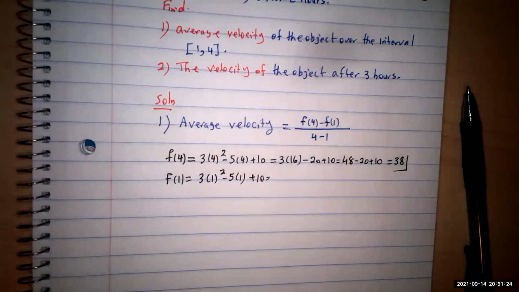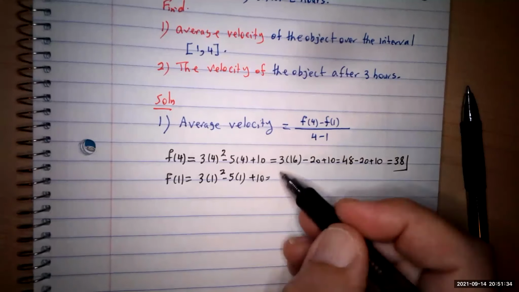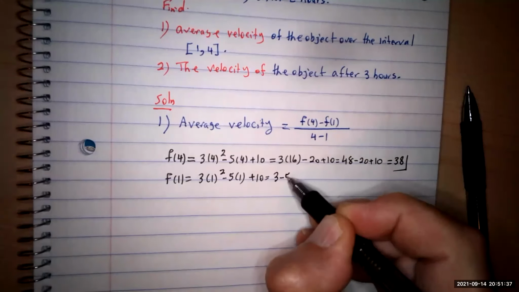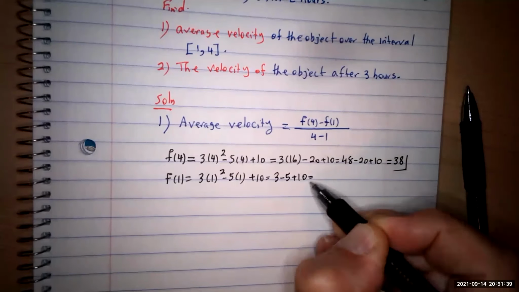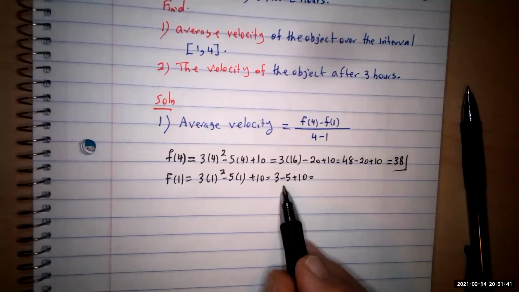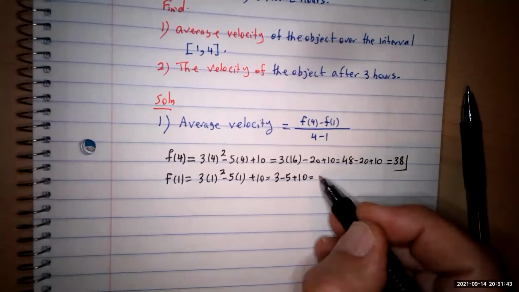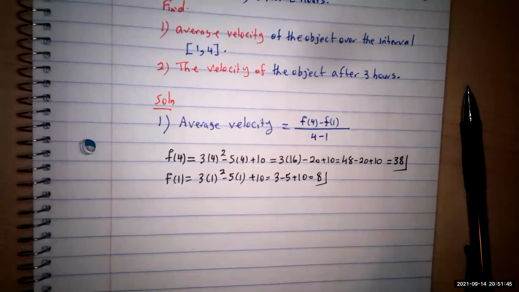Now we simplify it. It's going to be 3 minus 5 plus 10, which is negative 2 plus 10. So that gives you 8.